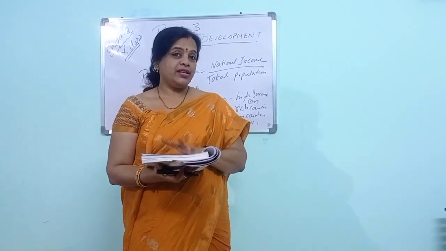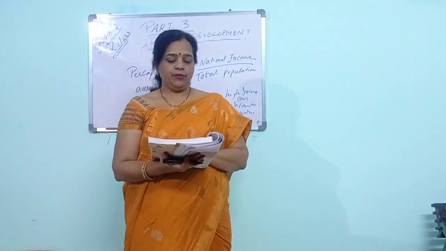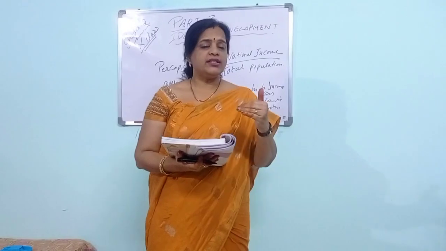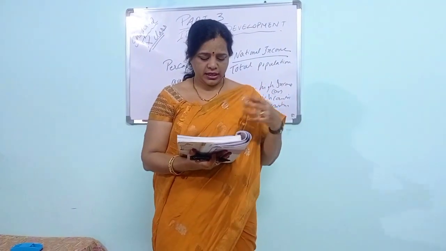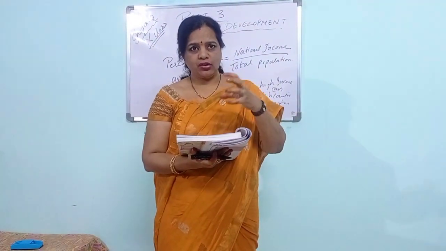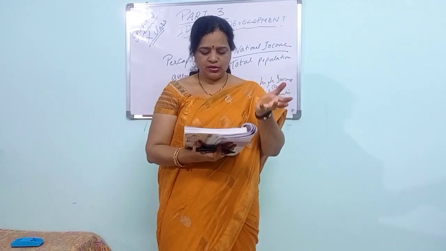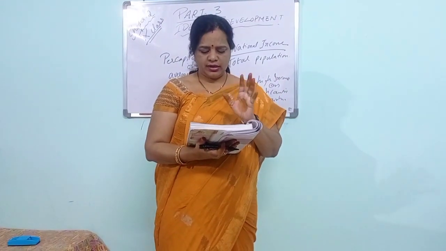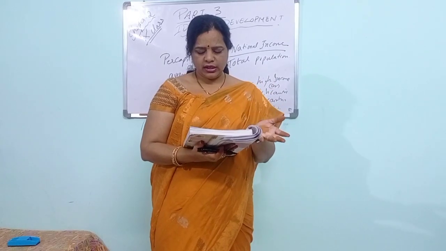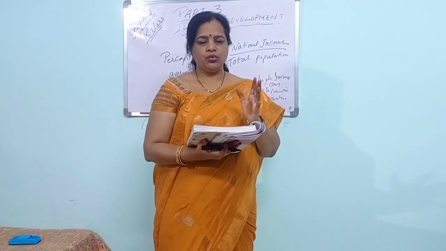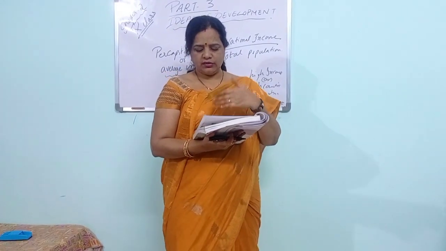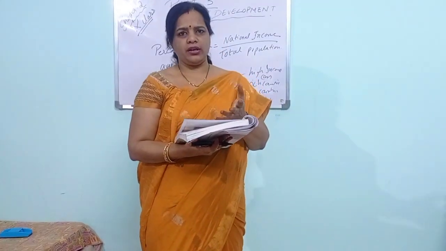When you see the data, in country A there is not much difference between one citizen's income and another's, like 9,500 to 10,500, only a 1,000 difference, and 10,500 to 9,800, only hundreds of difference, and 9,800 to 10,000, again a 200 difference, and 10,000 to 10,200, again a 200 difference.